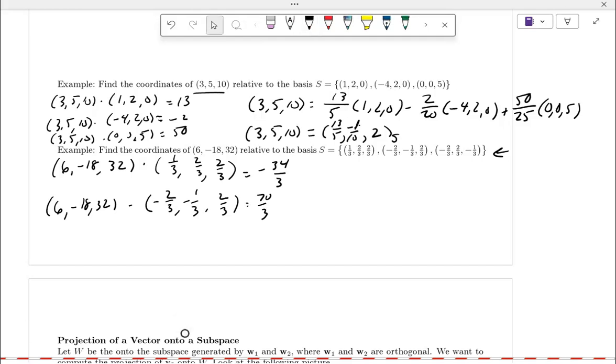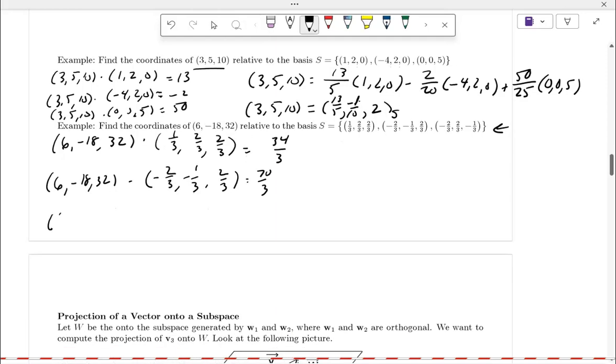The first product to be positive. Say it again. 64 thirds minus 30 thirds. Oh, yes, it should be a positive. Thank you. I said it's what calculators are for, right?